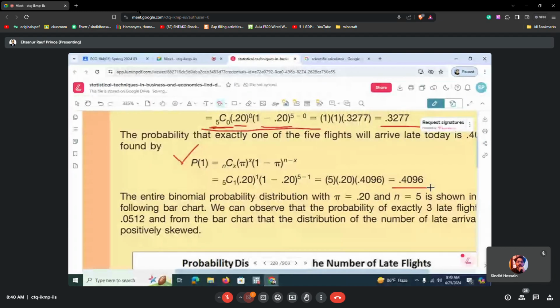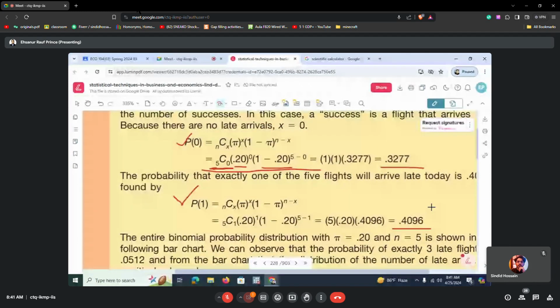If your calculation is correct, then you will surely get this value 0.4096. So yes, this is all about the binomial probability experiment or distribution. One thing very important: in binomial probability distribution, outcomes are divided into two groups, success and failure, but the random variable counts the number of successes.